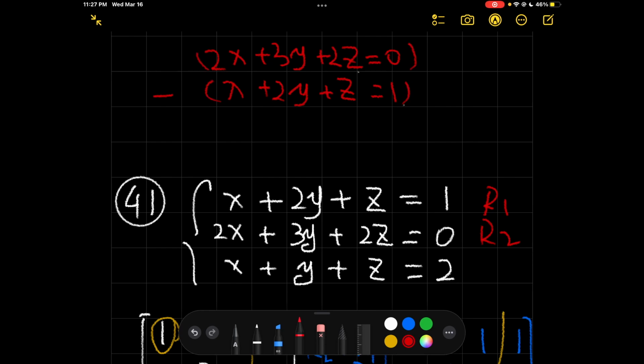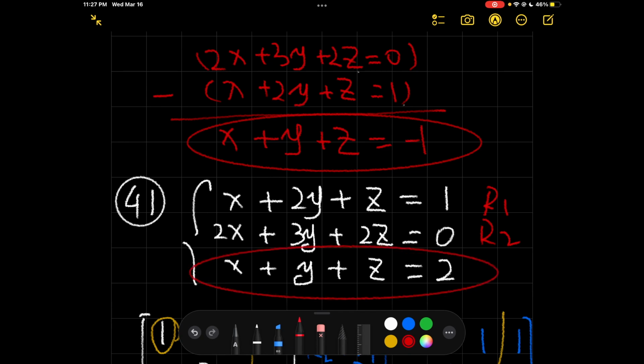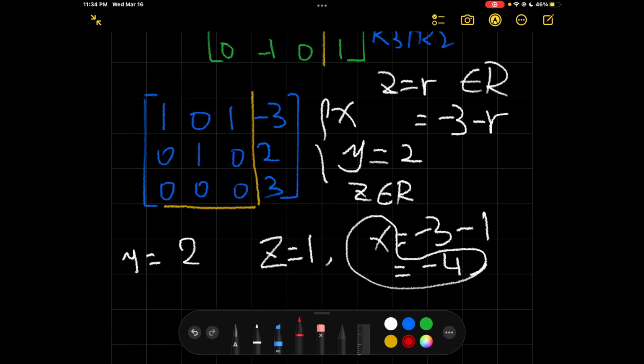Let's subtract this one, equation minus. So we get x plus y plus z equals -1. Oh, we get the 3 variables, but it contradicts row 3, so we get an inconsistent answer. So this is inconsistent.